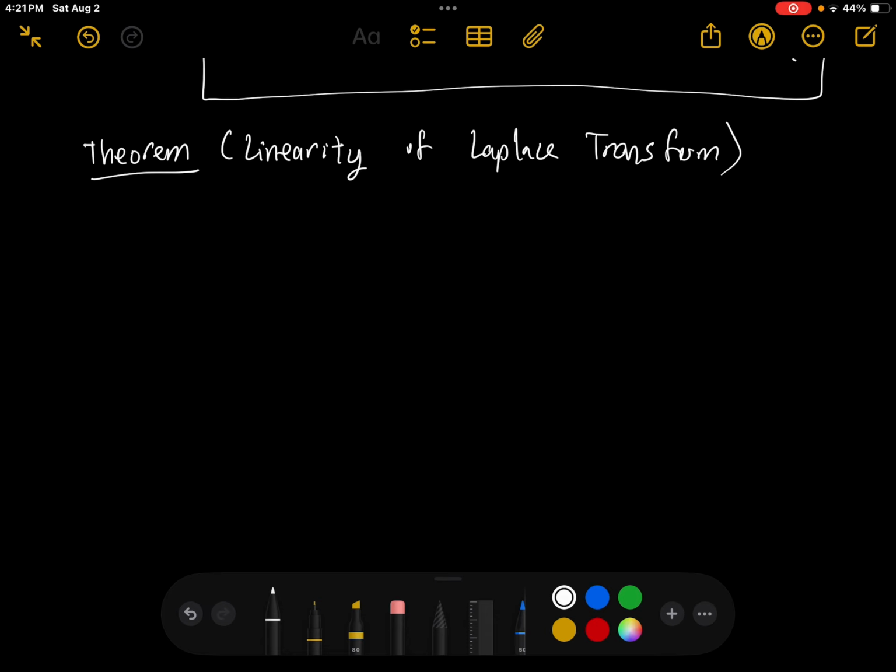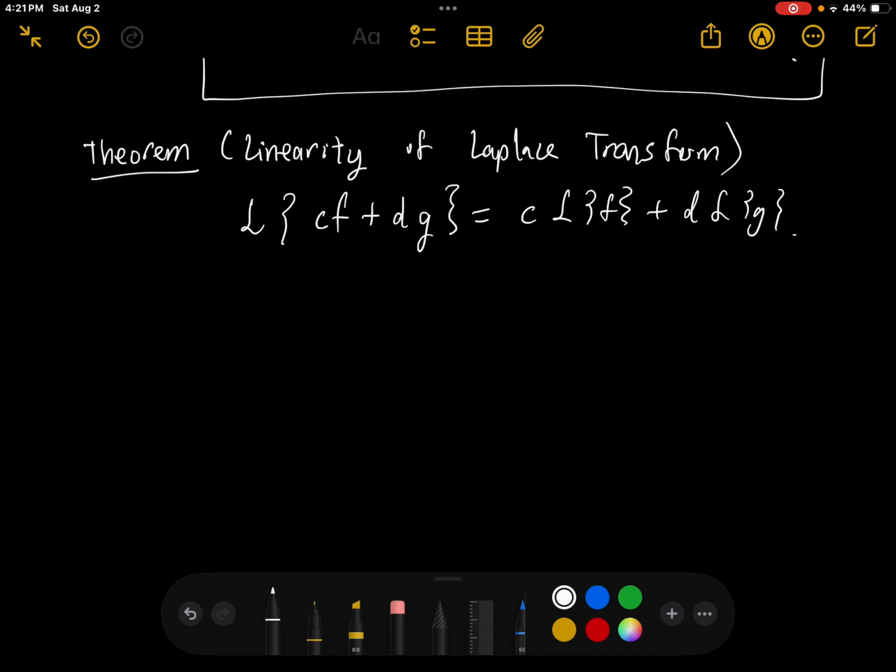Meaning that if you have the Laplace transform of CF plus DG, this is going to be C times the Laplace transform of F plus D times the Laplace transform of G. So you can distribute the Laplace transforms.